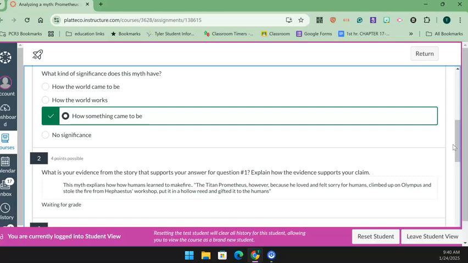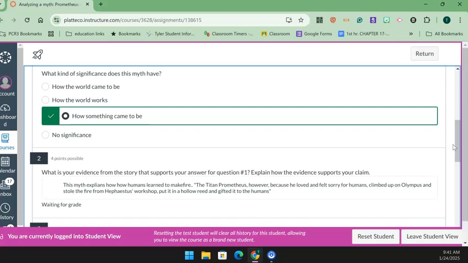It shows how the Titan, Prometheus, felt bad for the humans, so he went to Hephaestus' workshop and got fire and gave it to the humans in a hollow reed. Yeah, thank you. So, here's what our answer should look like.